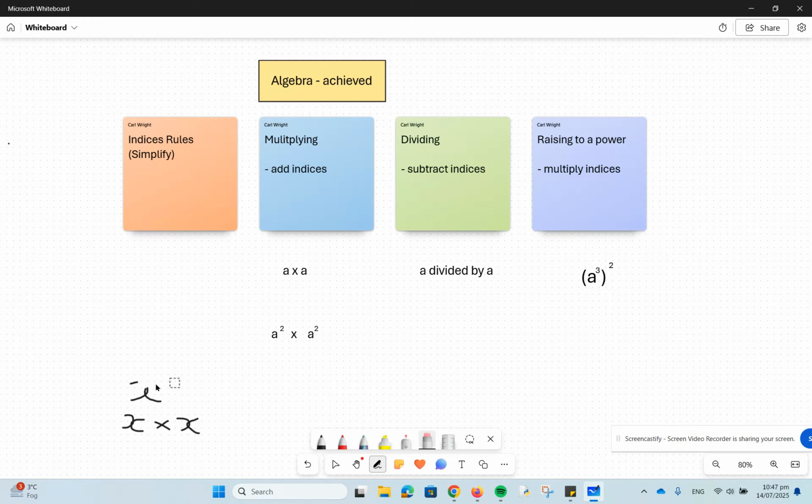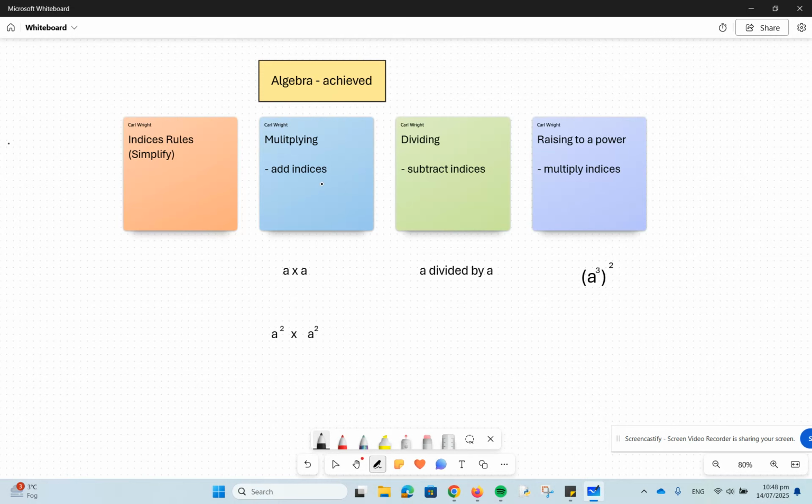Now we want to learn what happens when you've got letters and you are multiplying, dividing, or raising to a power. You want to learn all these rules differently. When it's plussing and minusing, we already learned that you can only add or subtract like terms. But when you're multiplying, the rule is you can add indices.